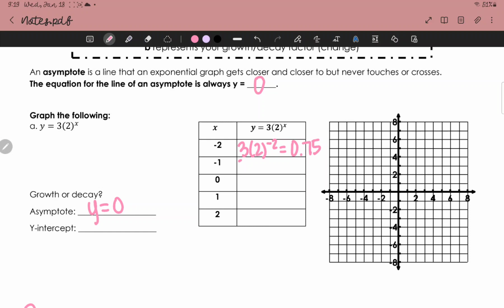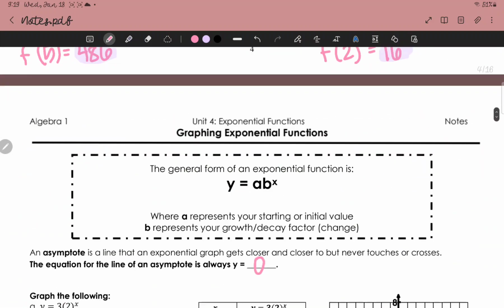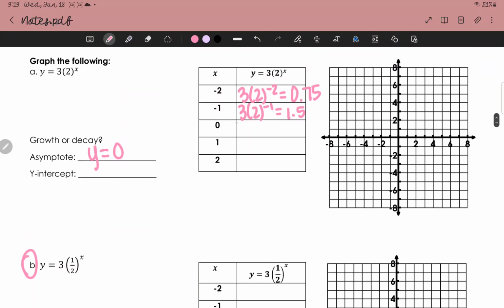Okay, then I'm going to do the same exact thing here, but instead my x is now -1, which is 1.5. Same thing for 0. 3 times 2 to the 0 is just 3. 3 times 2 to the 1 is 6, and 3 times 2 to the 2nd is 12.